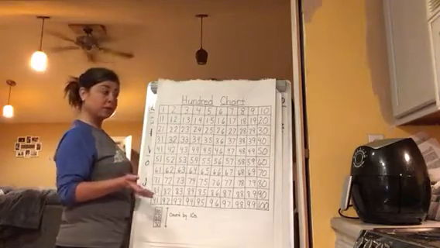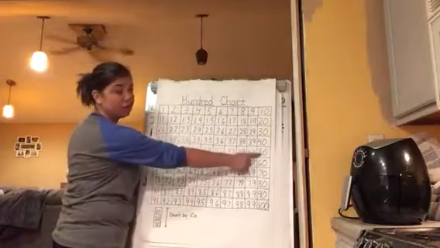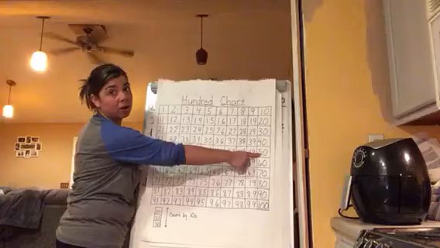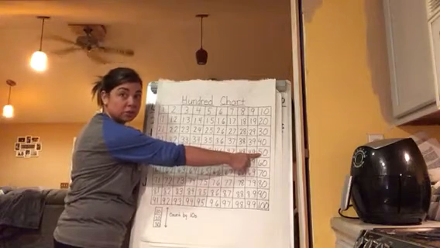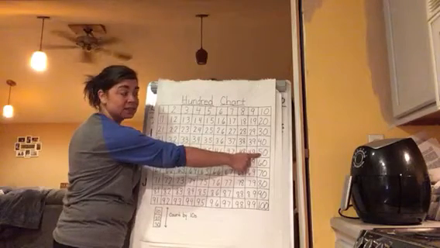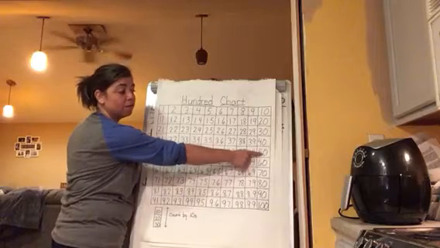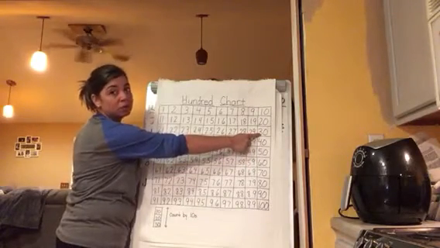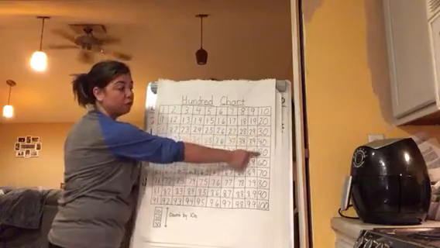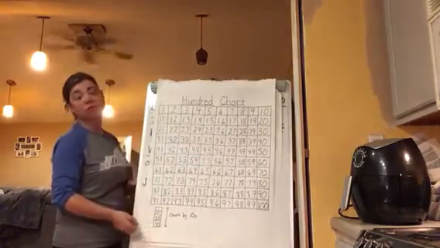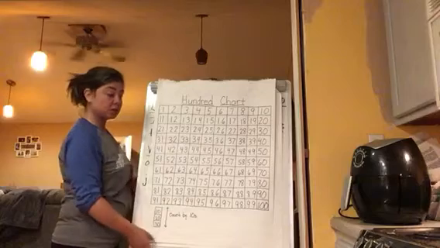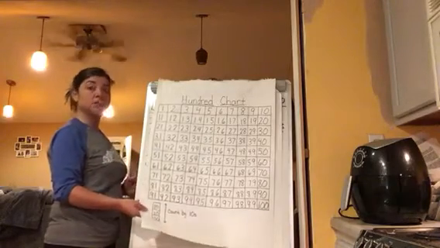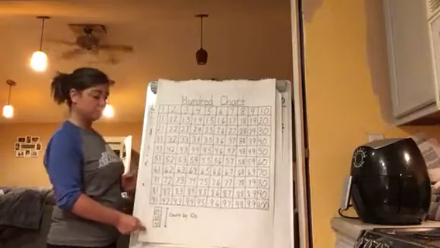So, for example, if we had 50 take away 20, how many times would we go up? That's right, 2 times, because 2 tens is the same as 20. So 50 take away 10, 20 equals 30. So 50 take away 20 equals 30. And that's how we use a 100 chart to solve subtraction equations when we're subtracting multiples of 10.